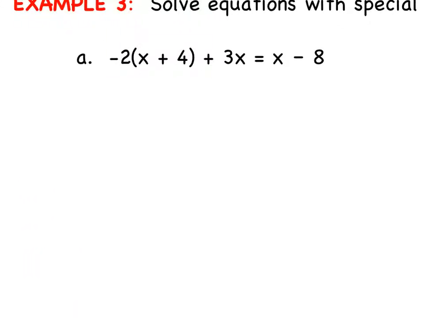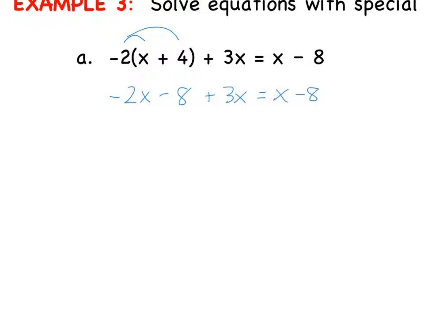Negative 2 times the quantity x plus 4 plus 3x equals x minus 8. So as you guys are very good at, let's go ahead and distribute that negative 2, gather our like terms. So negative 2 times x, negative 2x, negative 2 times 4, minus 8, plus 3x equals x minus 8.